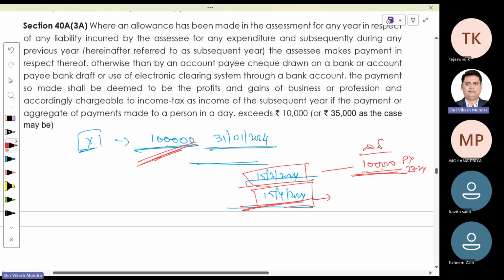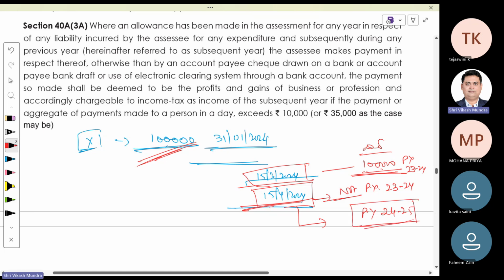Hence, this deduction is not available. So for this expenditure, deduction is not available in previous year 23-24. On this money in the previous year 23-24, I am required to pay tax to the government. However, the deduction is available in the previous year in which I paid this money. That is in the previous year 24-25, I am eligible for deduction.